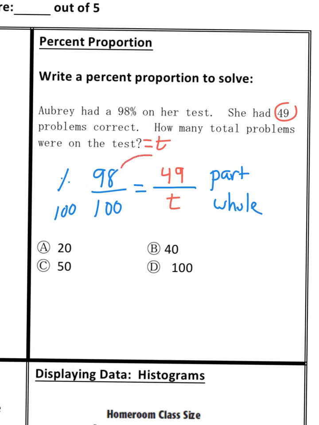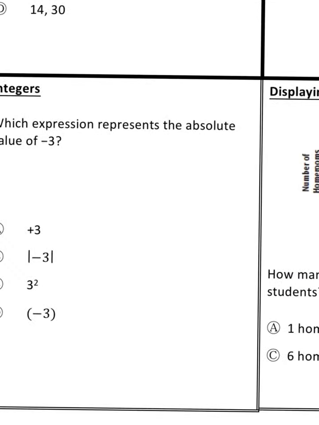If you were to divide 98 by 49, you'd get 2. So that means 98 divided by 2 is 49. 100 divided by 2 is 50. So the correct answer is C. Remember, if you did not do percent proportion, you need to have it written down here after you've gone over it with me.